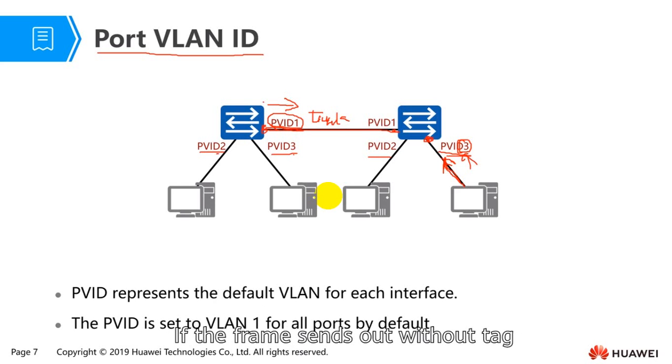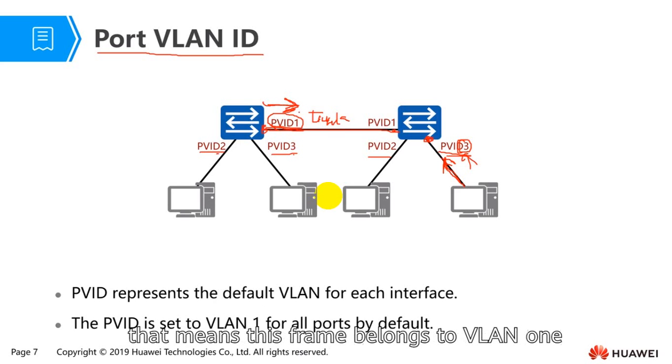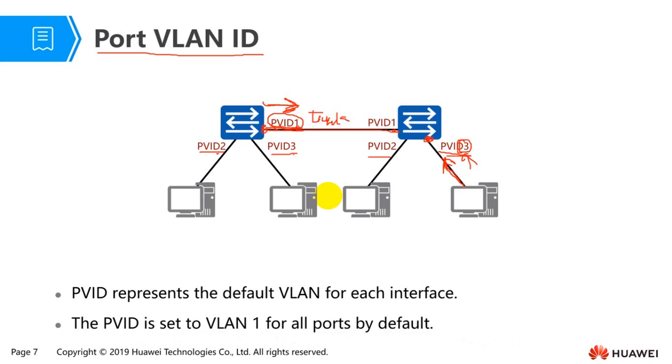If a frame is sent out without a tag, that means this frame belongs to VLAN 1. And if a frame is received without a tag, that frame is put into VLAN 1 also. This is the concept of the port VLAN ID.